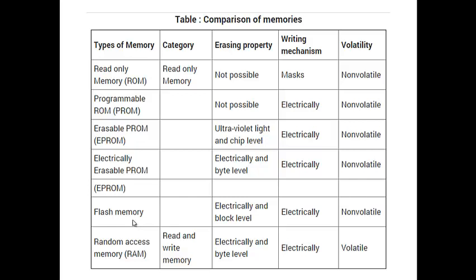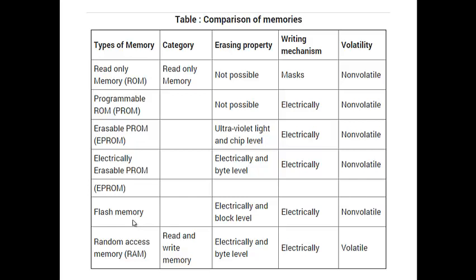Then erasing is, in the first case, not at all possible. Only in erasable, that is EPROM, there will be an opening on the top. You have to give ultraviolet light, then whatever is written will be erased. Then again you can write electrically.